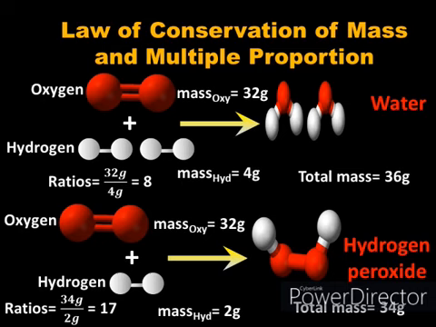So this ratio is also a whole number. What does this mean? This means that neither oxygen nor hydrogen is in the form of a half. They are combined as a whole, and this indicates that there is a smallest particle in the form of a whole number, and that particle is an atom.